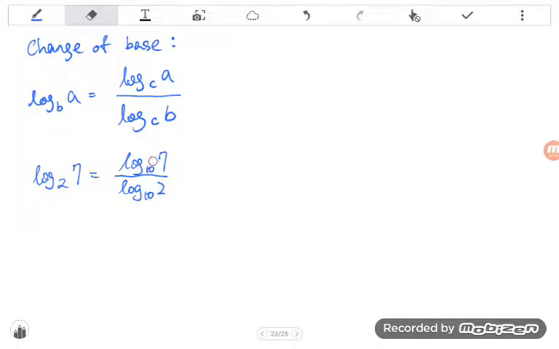Because it is base 10, we don't really have to write it. So I can break log 7 to the base of 2 into a fraction with log 7 in the numerator and log 2 in the denominator. Or I can also break it down into natural log, ln 7 over ln 2.